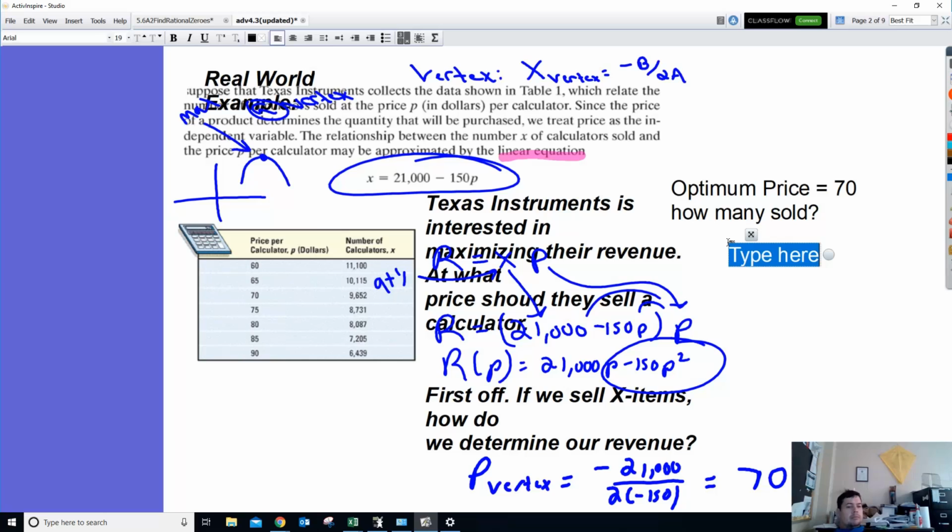Plug back in. X equals 21,000 minus 150 times 70. 10,500. It's 10,500 if my brain's working right this morning.